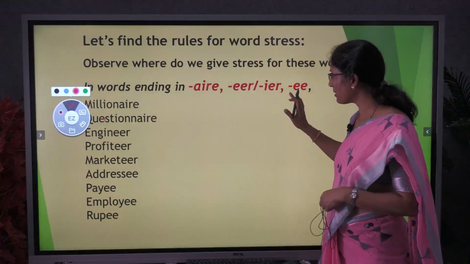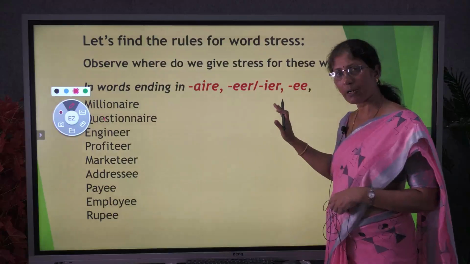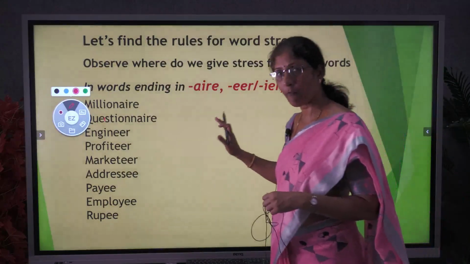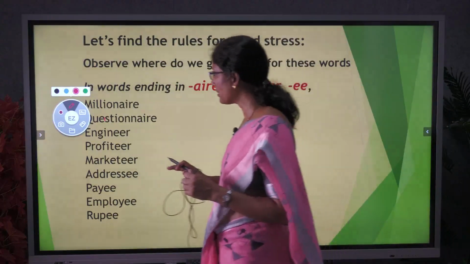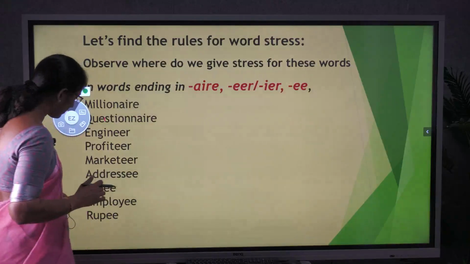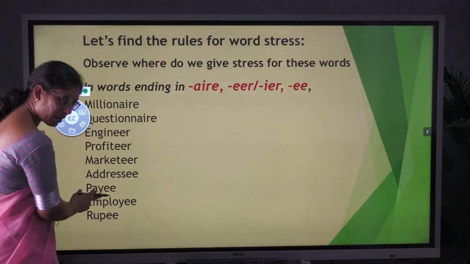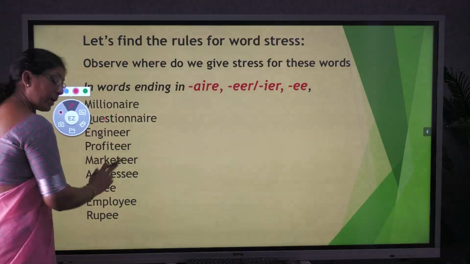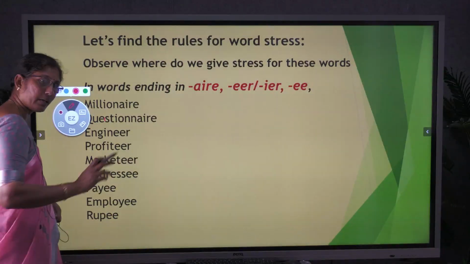That means these suffixes which end with a vowel sound have one stress rule. Let us take a simple word, payee or rupee or employee.